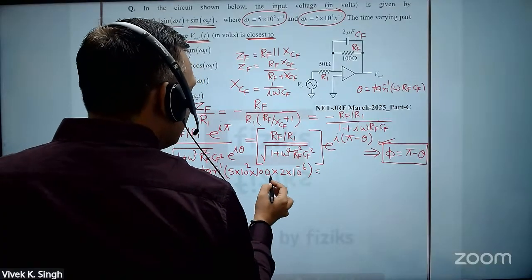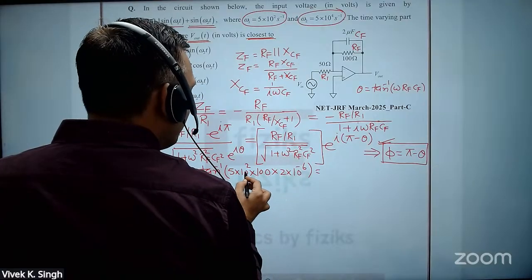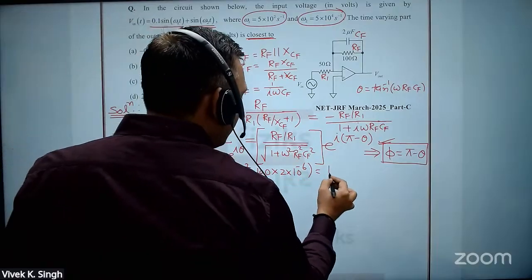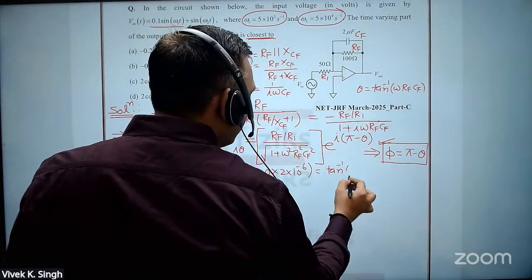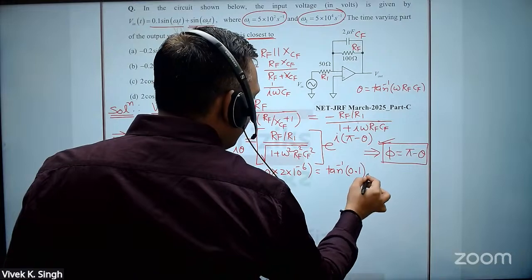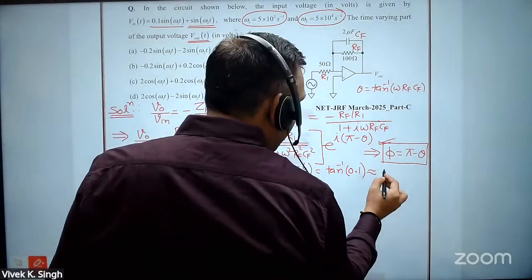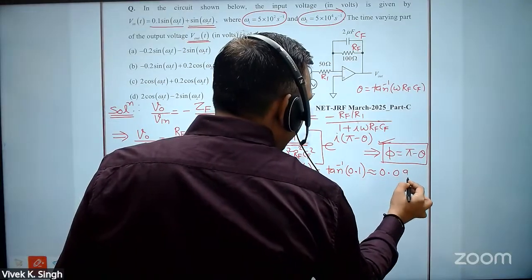So I think this value will be 10 to power 4 and this is 10 to power minus 2. So you will get tan inverse 0.1. And if you calculate this value in radians, it will be 0.099.